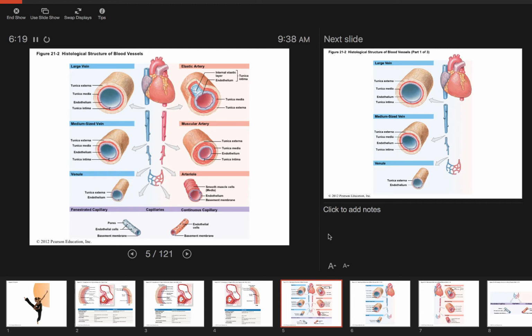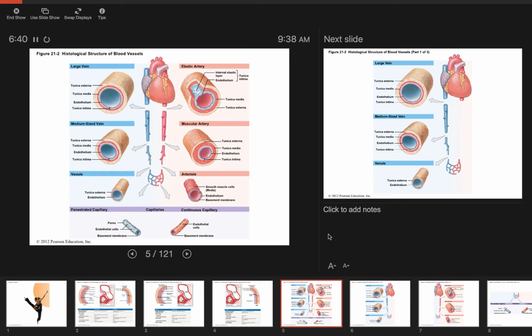And when they contract, the diameter of the blood vessel is going to get smaller, right? So we get vasoconstriction when the arterioles are receiving neurotransmitters or hormones that activate those smooth muscles.